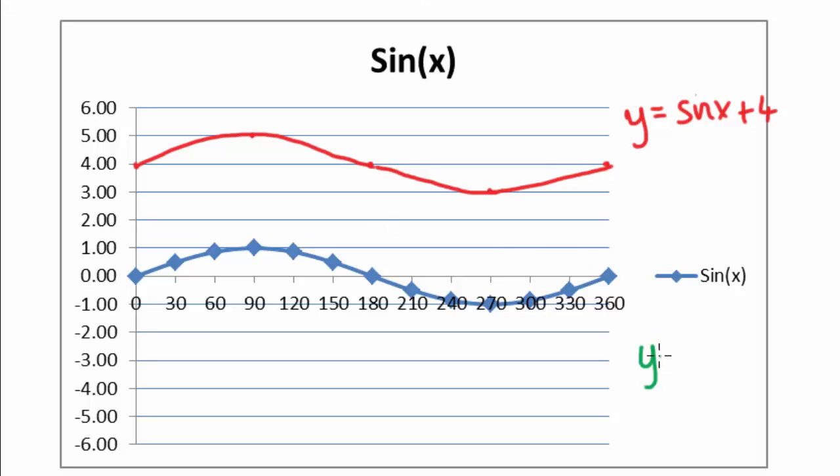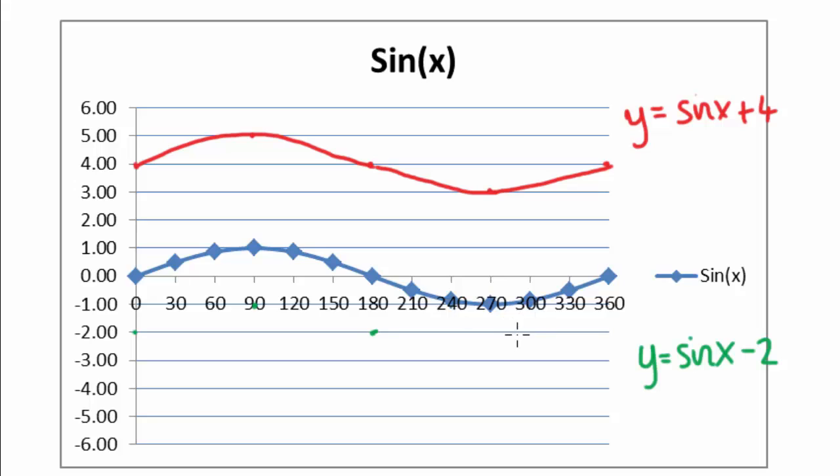If I said, say it was y equals, and it's the exact same with the cos function as well, minus 2. So this is going to start at minus 2. It's going to go up to minus 1, reaching its peak. It'll then at 180 go back to minus 2.